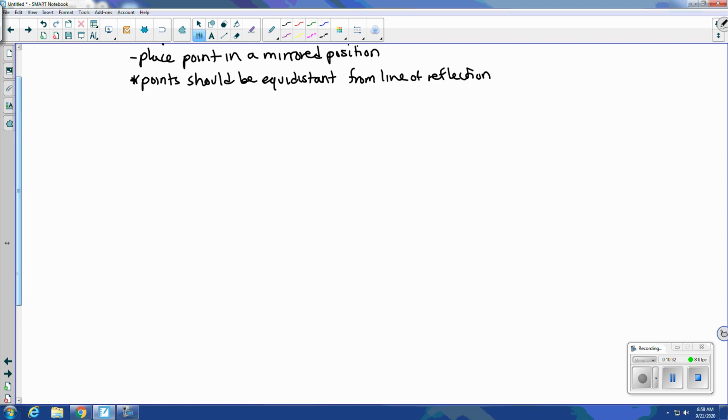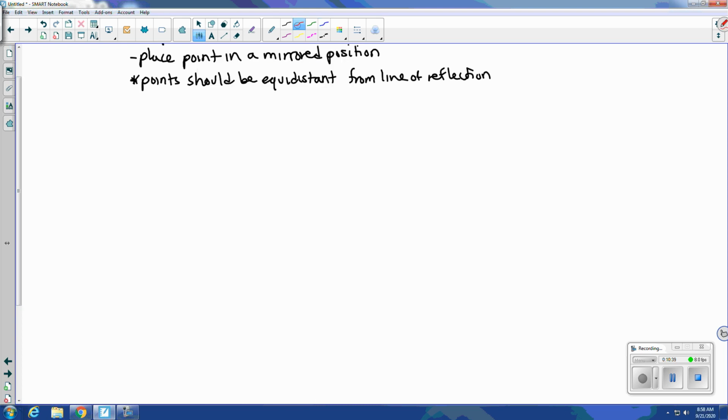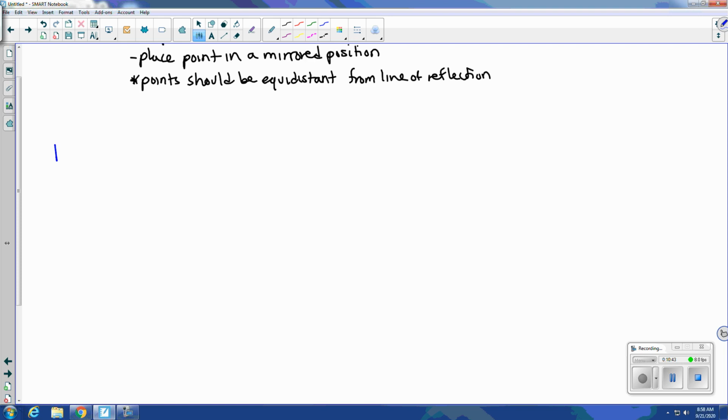Again, we're just going to look at two specific cases. It's going to be over the x-axis and over the y-axis. So if I want to do a horizontal reflection, that is going to be over the y-axis. And anytime we want to do a horizontal transformation to an xy coordinate, we are altering the x value of that coordinate.